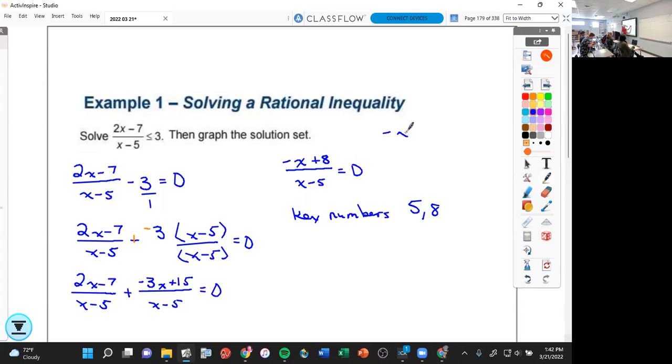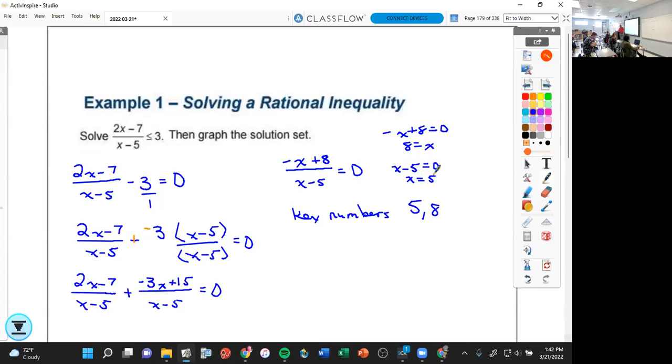Because -x plus 8 equals 0, add x to both sides, 8 equals x. X minus 5 equals 0, add 5 to both sides, x equals 5. So those are my key numbers, which means I've created 3 intervals.